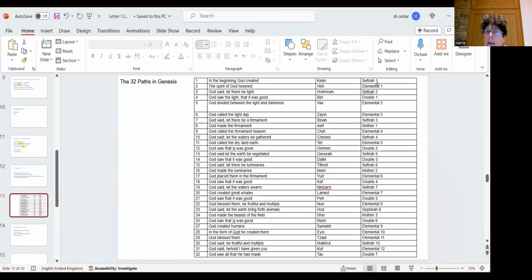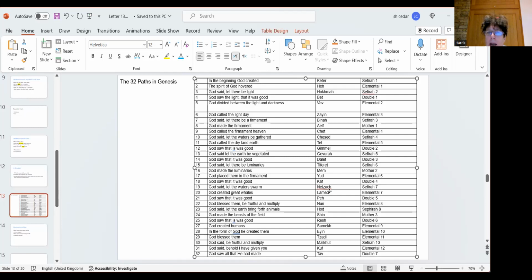So it goes the sephirah and elementals and more sephirah and double letters and then elementals. It's not just in one straightforward, easy order. But mem is here, number 16, mother letter. We had lamed last time, which actually comes down here. It's the 20th one because it's got different things to it, different ideas about it.